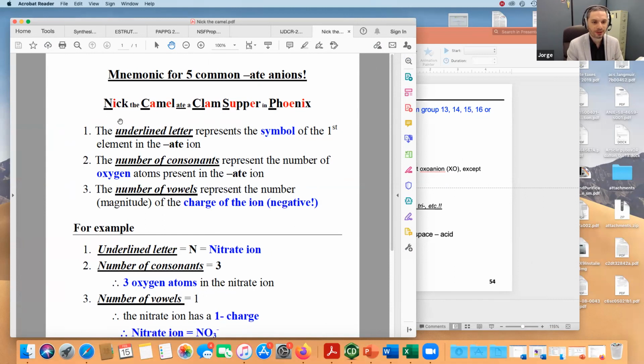So the trick here is first, the underlined letter represents the symbol of the first element in the oxoanion. Second, the number of consonants represents the number of oxygen atoms present in the oxoanion.